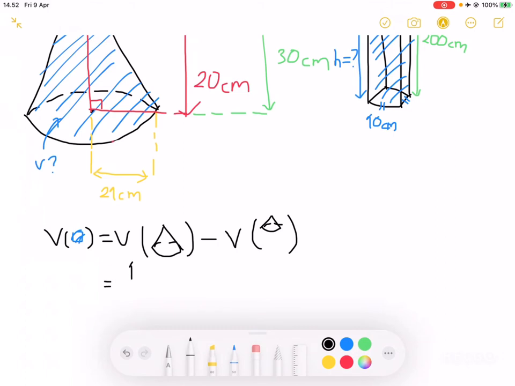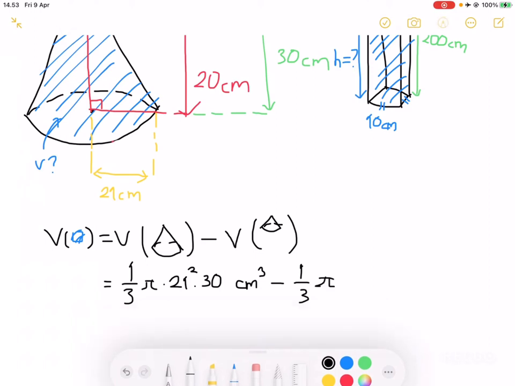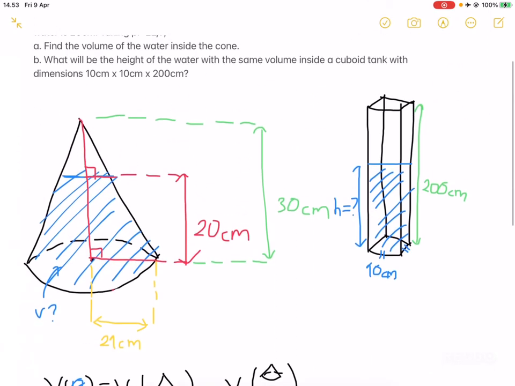So this will be a third pi r squared, which will be 21 squared, times, let's see, the height will be 30. Let's just write the units on the front. And the volume for the small cone will be a third pi times the radius of the small cone.